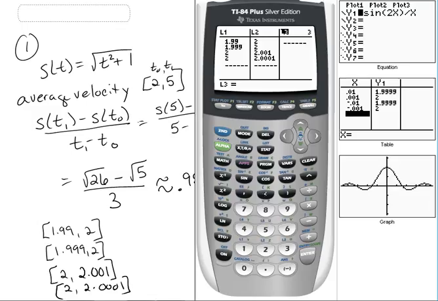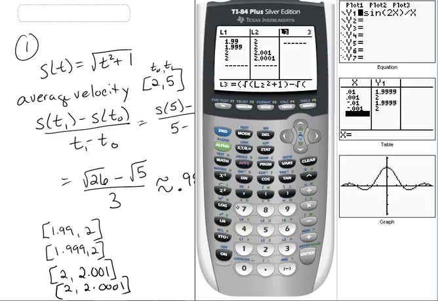And then in L3, go ahead and plug the formula in terms of L1 and L2. So you're going to do a parenthesis to get the numerator, and then second square root, and you're going to do L2 squared plus 1. So that's like s of t1. And then you're going to subtract s of t sub 0, which is the values that you have in L1.